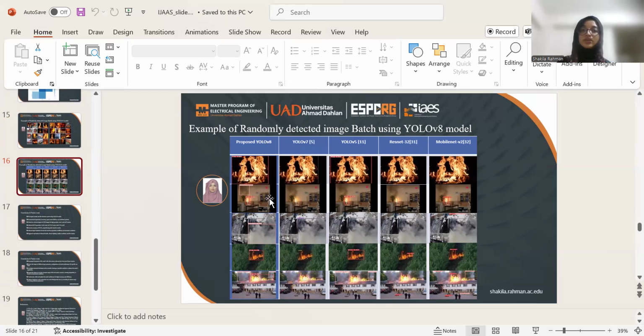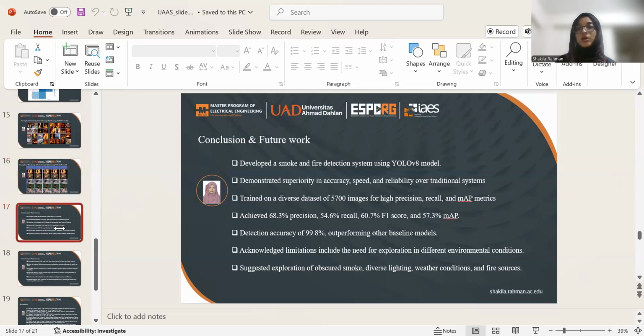In all cases, our model's detection accuracy or percentage is higher. In the case of ResNet 32, for the second image they cannot detect, and here also the detection is not there. In our proposed YOLO v8 model, we can detect all the images, and our detection percentage is higher than all the others. So this was our result.